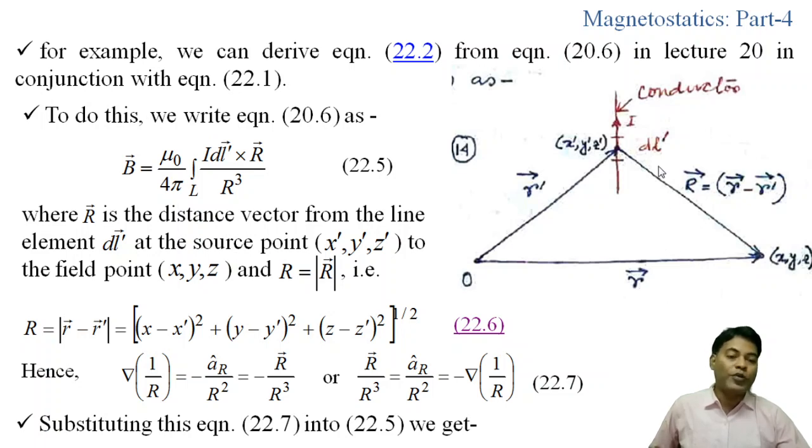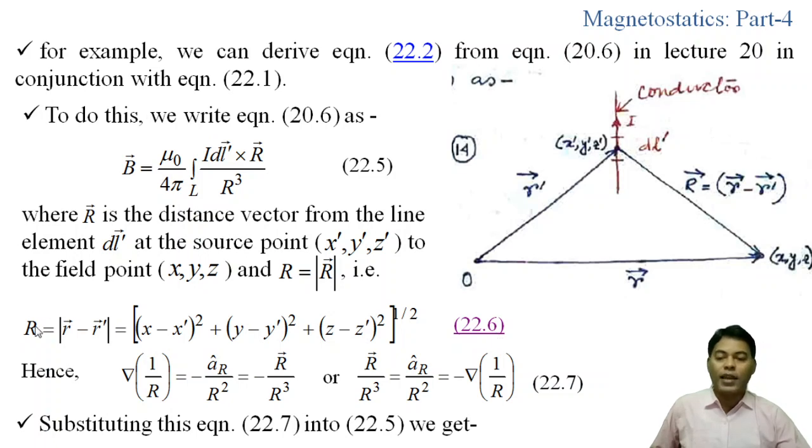Now the distance between the current element and the observation point is denoted by capital R, which equals vector r minus vector r prime. The first point is to find the magnitude of this capital R. It is very simple to calculate, and is given by expression 22.6.